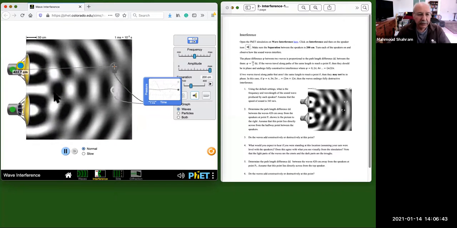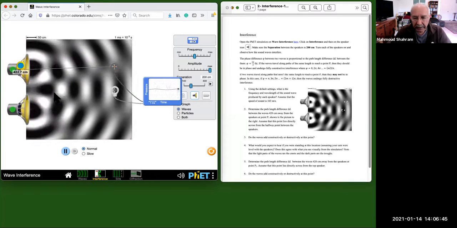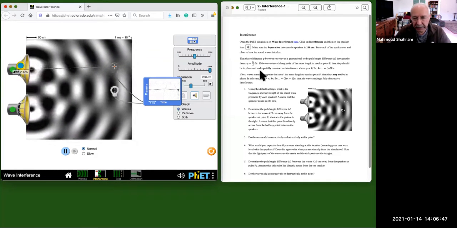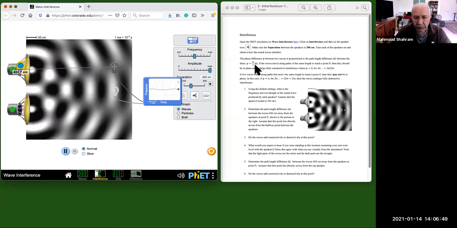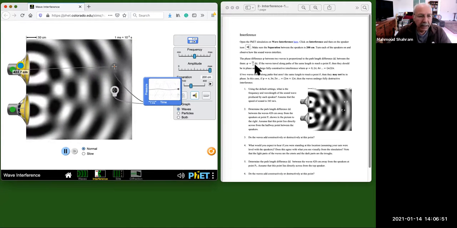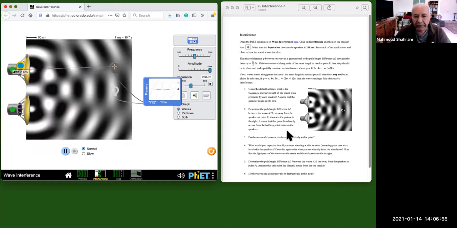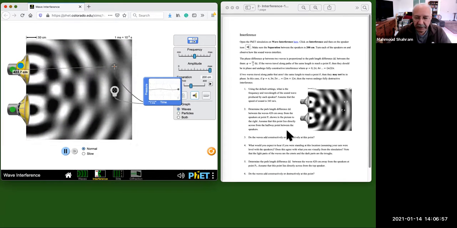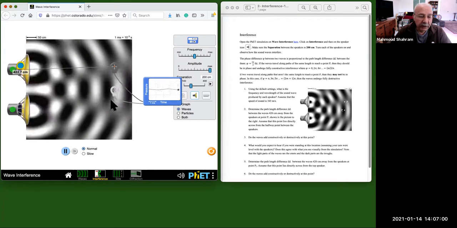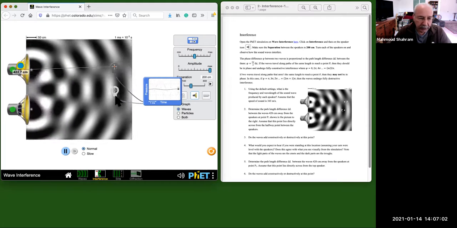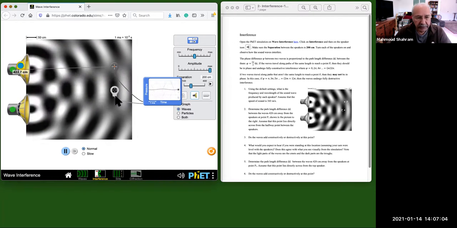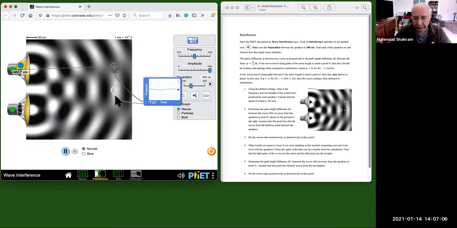So this is basically called delta L, as you can see in this formula. So you find the delta L and process that as it's instructed and find out what is the phase difference and whether you have a constructive or a destructive interference at those points.